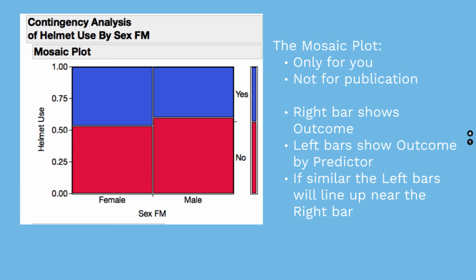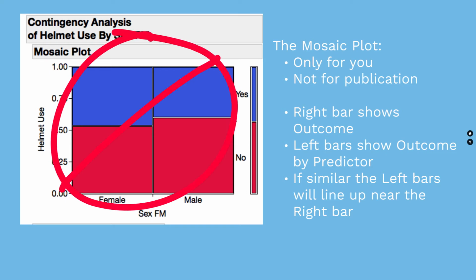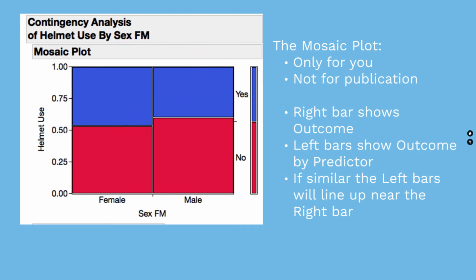If the proportions are similar by your X category, then you'll see the same or very similar proportions of the blue and the red, or the top and the bottom, across all levels. Again, I cannot stress enough, this plot is not for publication. There are better ways to graphically display percentages, but this is simply what you'll see in the JMP output first.